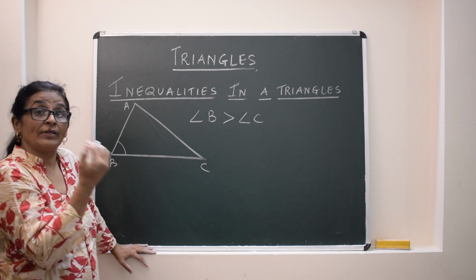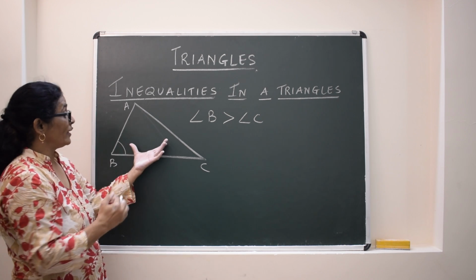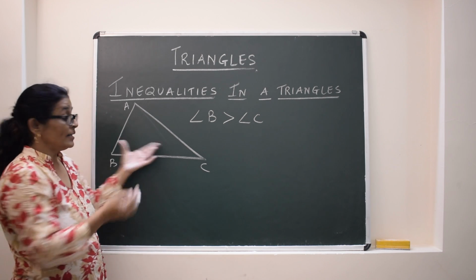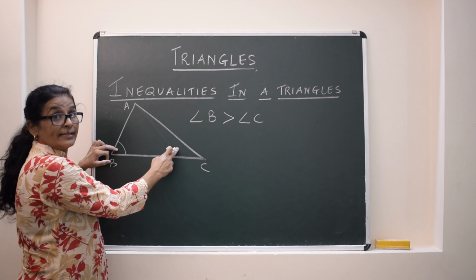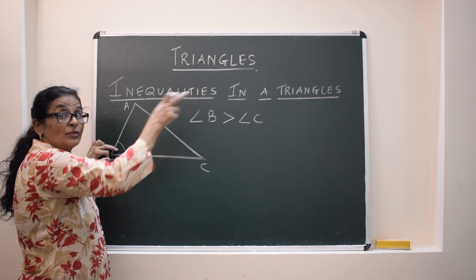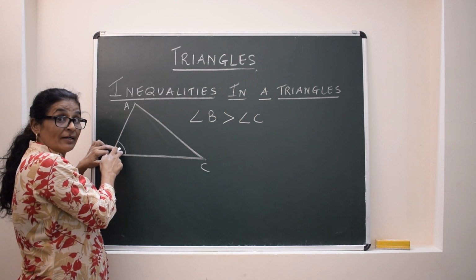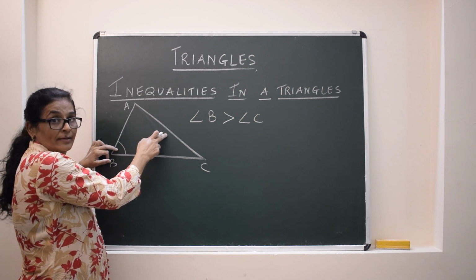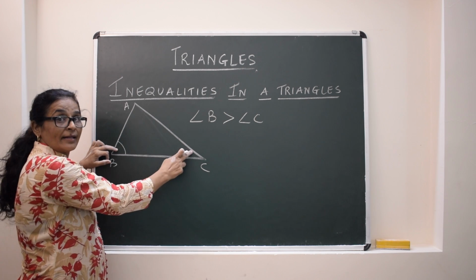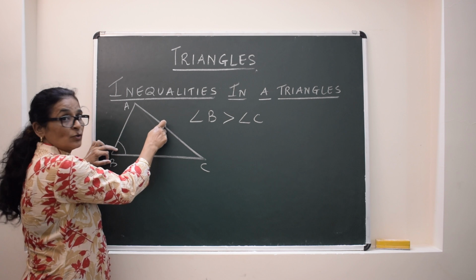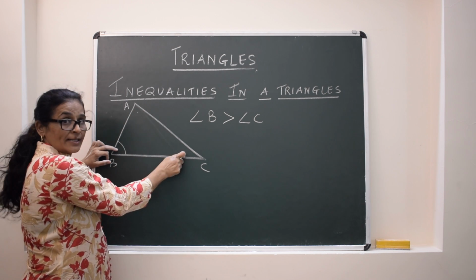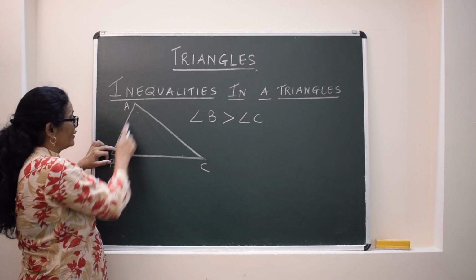In this case, if it is given that two angles are such that angle B is greater than angle C, then the side opposite to the greater, meaning the bigger angle, will be longer. So if angle B is greater than angle C, then the side opposite to angle B is what? AC. So AC will be greater than AB.